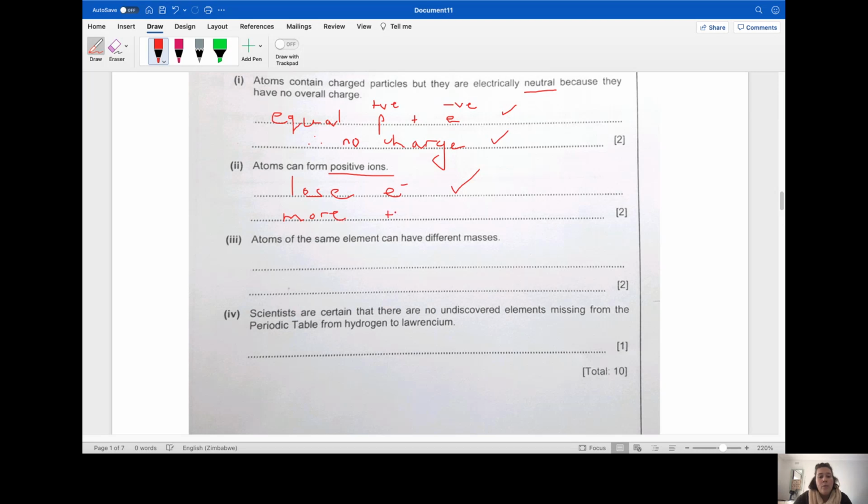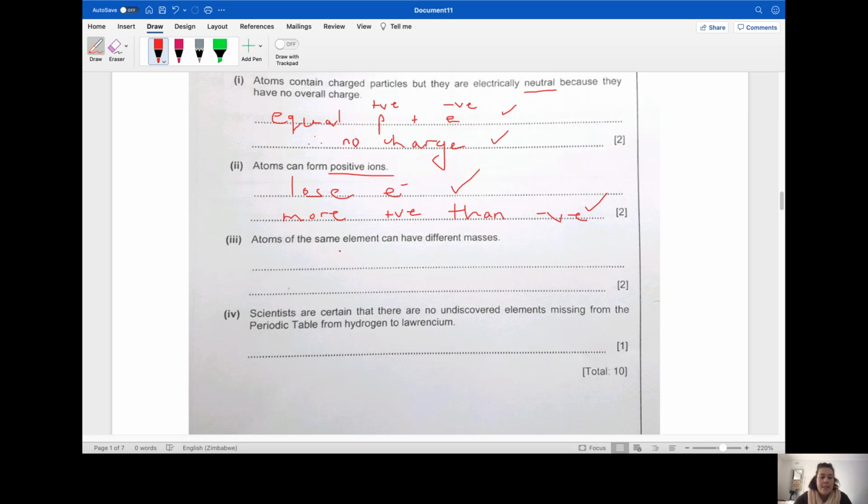You now have more positive than negative. Okay, so now you have a positive ion. Okay, you really had to know the structure of an atom and how ions are formed in order to answer these questions. But it's not tricky. It's just learning, making sure you understand what is an atom, what is an ion.